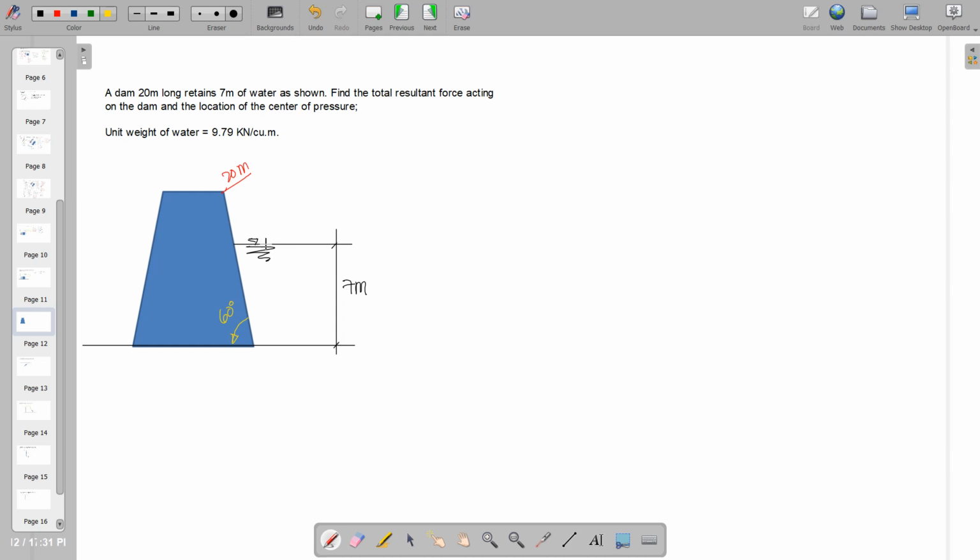Actually, we are working with a submerged plane which is inclined at 60 degrees. So we need to compute this inclined dimension, wherein this will be 20 meters long as its width.